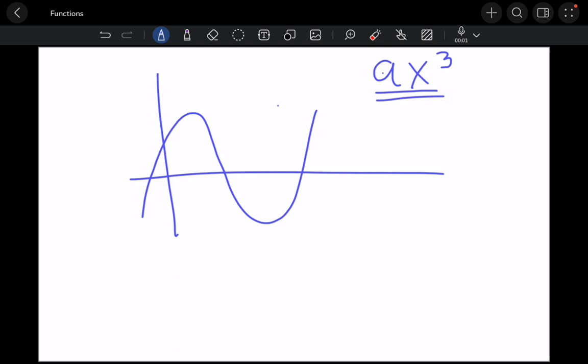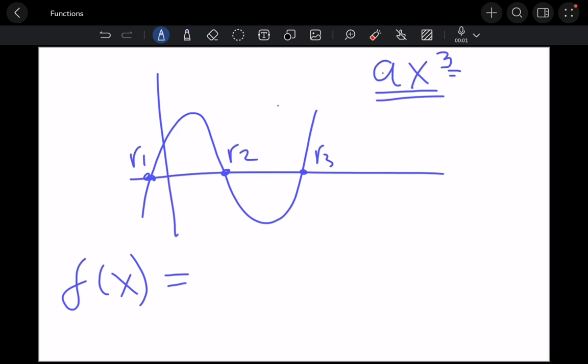It's a cubic function. So one thing you can look for is these values. We call them roots. Since we're going to have 3 roots because of this, then our function will look like this. Assuming this is root 1, root 2, root 3, our function is going to look like this.